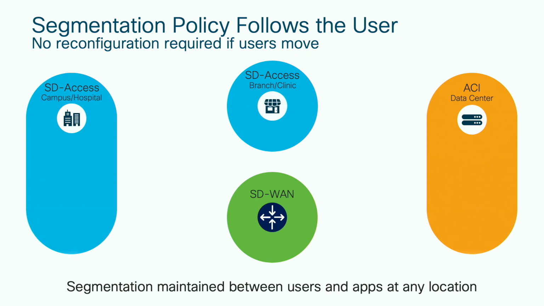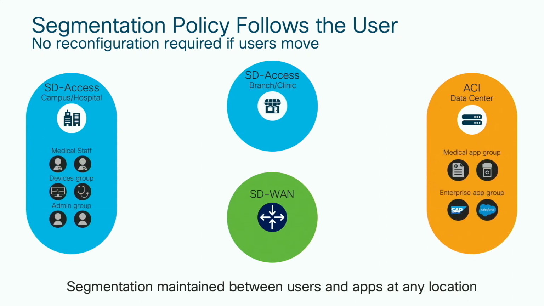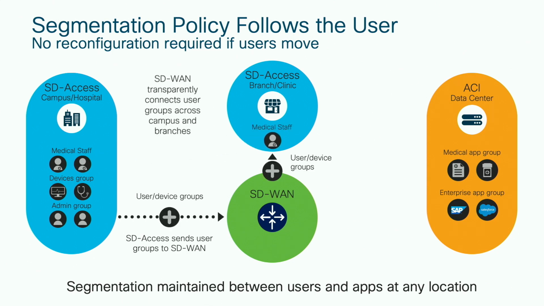The same thing happens when I move between an access site and another access site. So if I go from the main campus to a branch, I am going to preserve all my semantics of segmentation. This one's interesting because I need the SD-WAN to preserve those semantics for me. Right?